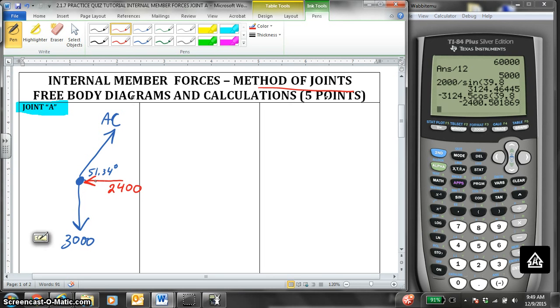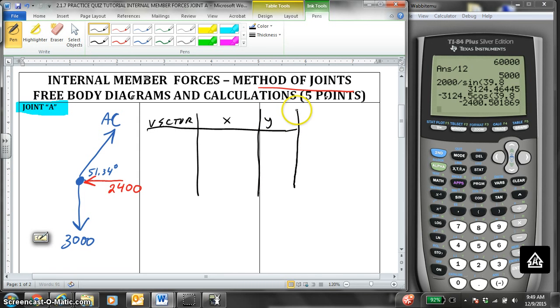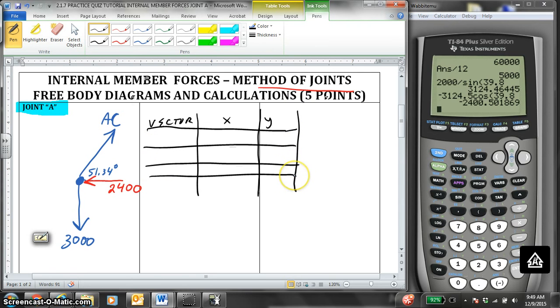So now we could do our vector table. Vector, x component, y component. So there's three vectors here: 1, 2, 3.